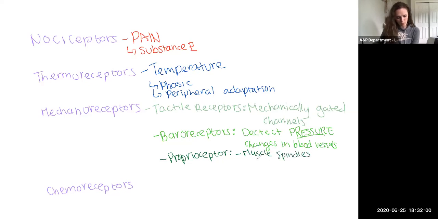It uses Golgi tendon organs. And it uses receptors in joint capsules. And what this one does, it detects change in physical position.